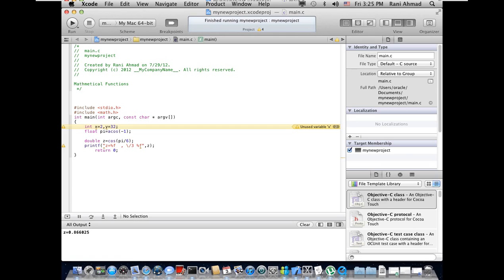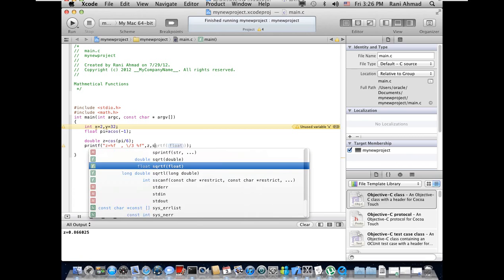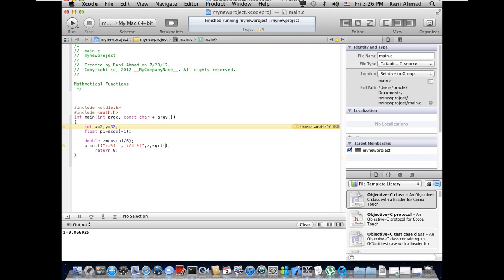And here let's say pow sqrt of 3 and divided by 2.